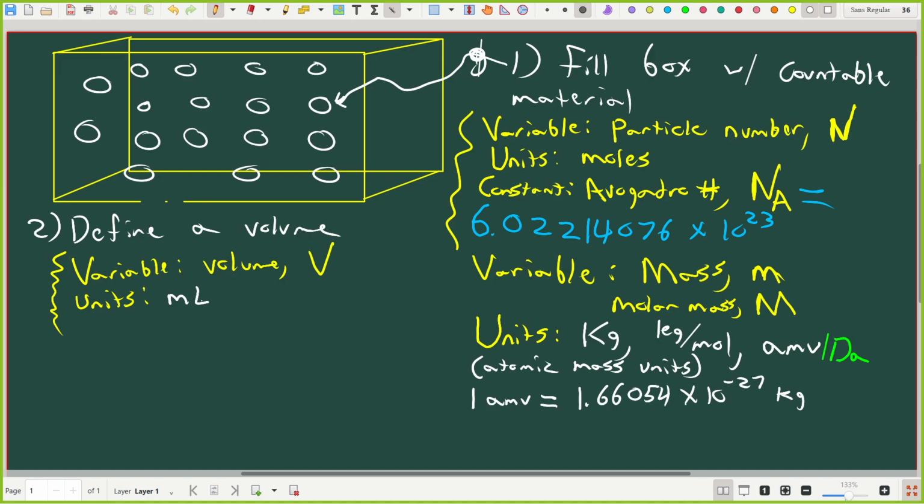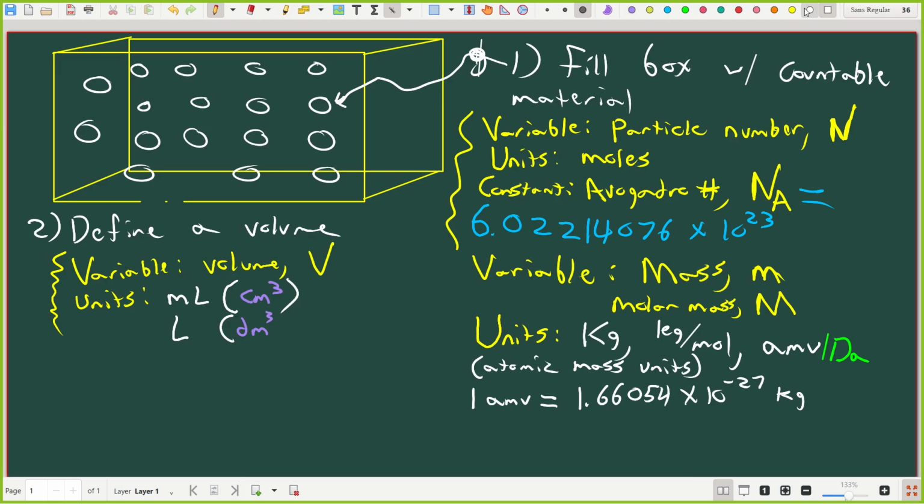A milliliter, of course, by definition in SI units, is a cubic centimeter. What's the exponent for volume? Cubed. Right? Centimeters cubed. And a liter is what's called a decimeter cubed. A decimeter is 10 centimeters, and that should make sense.